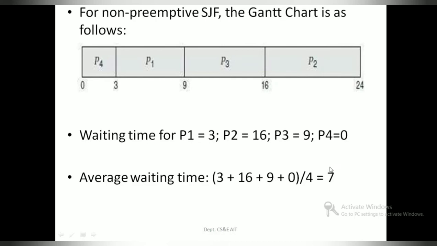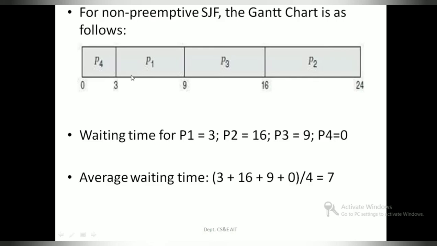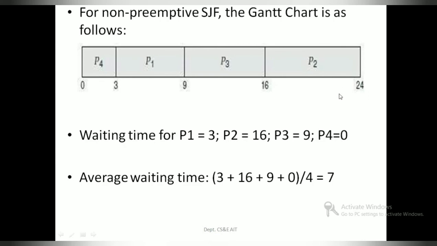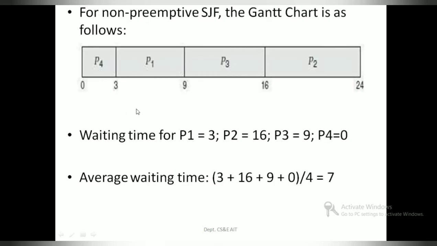I have my average waiting time to be 7 and my average turnaround time to be 30. Turnaround time I take when the process has completed its execution. So P1 has completed at 9, P2 has completed at 24, P3 has completed at 60, P4 has completed at 3.